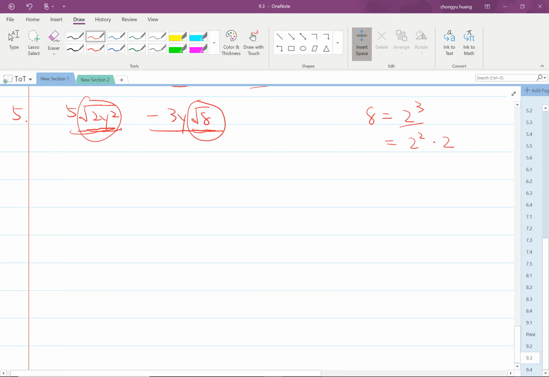Here we are dealing with square roots, so as I repeat many times, you always try to make something like a square, to cancel it and remove the square root, to simplify it. Let me clear a little bit and write a little better.